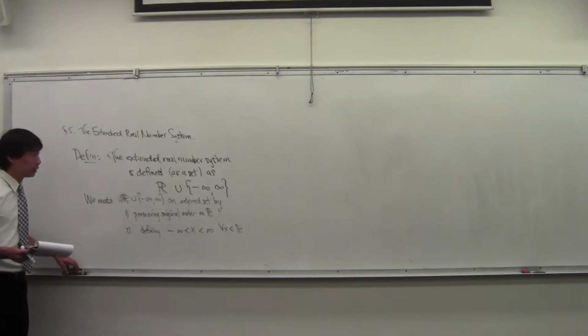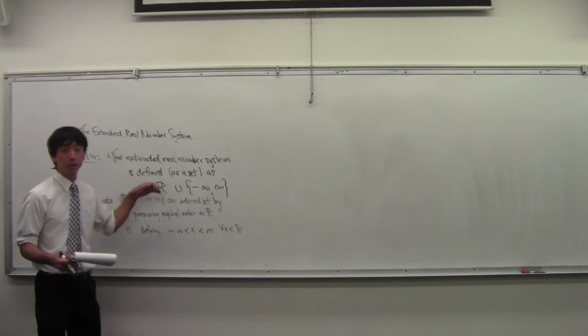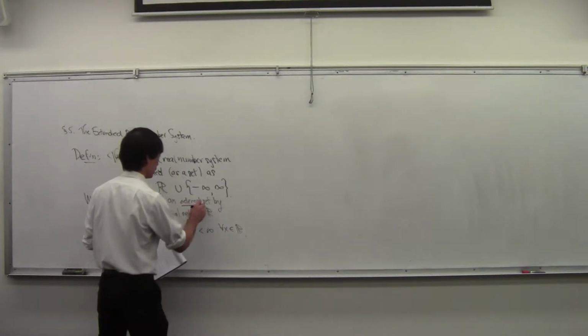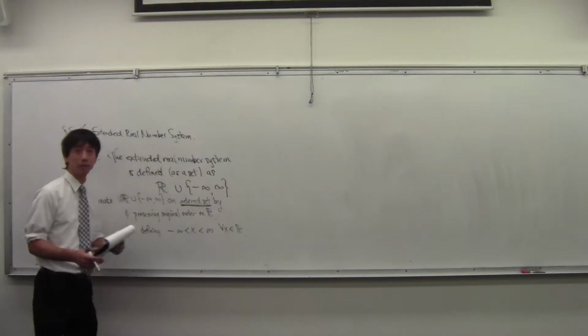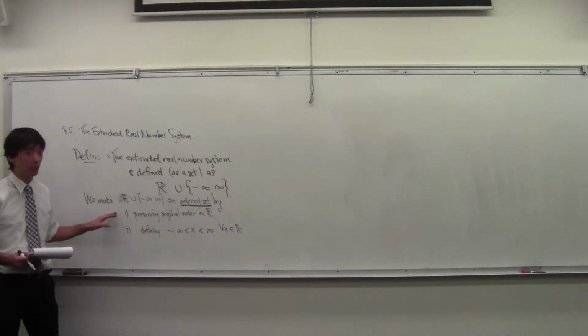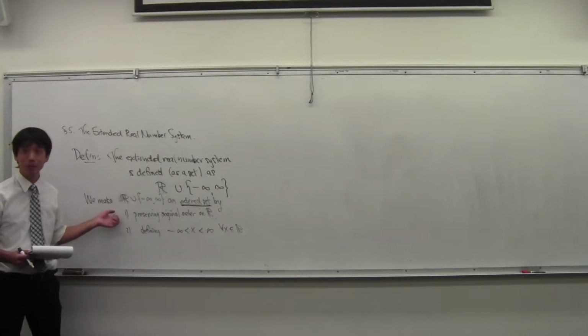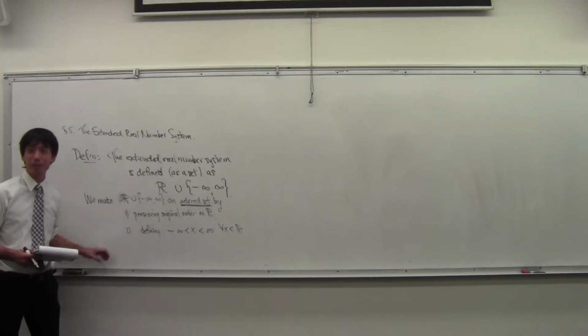So the extended real number system is an ordered set. We will not be able to make it into a field, let alone an ordered field. Because how are you going to talk about multiplying and dividing by infinity in a way that's consistent with the field axioms?